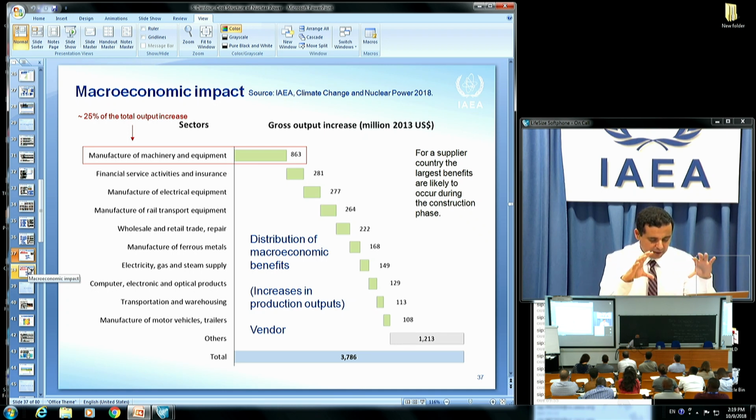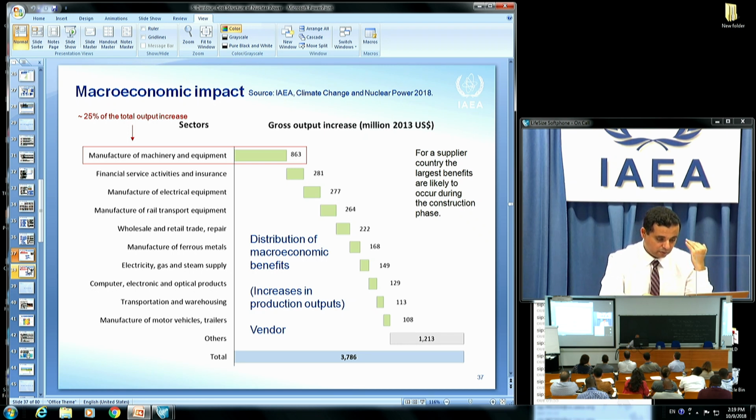I have basically two graphs, one in slide 37 and the other in the next slide. The first graph, slide 37, shows the sectors that benefit most from a nuclear project in the supplier country, the country that supplies the nuclear technology. About 25% of the total output increase is within the businesses that manufacture machinery and equipment.